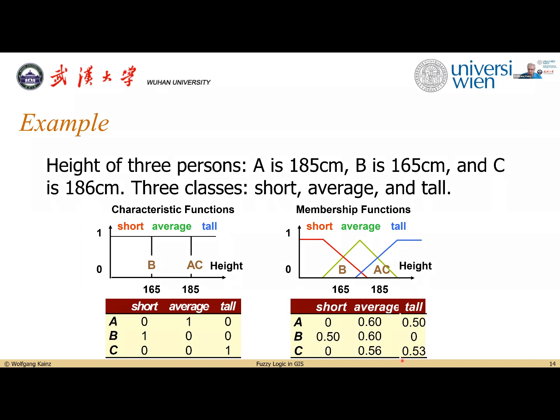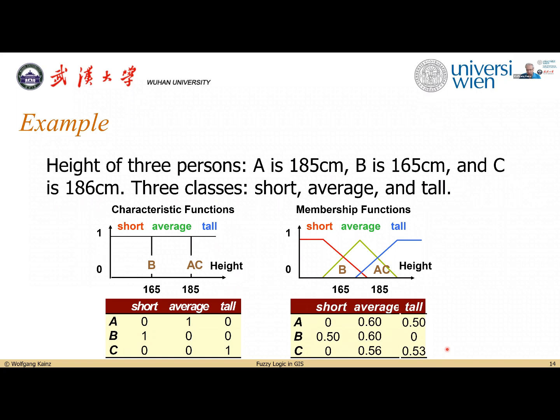And in this case, C is rather a little bit more belonging to the average than to the tall class. So this is a very simple example showing you how we can express fuzzy sets using membership functions.